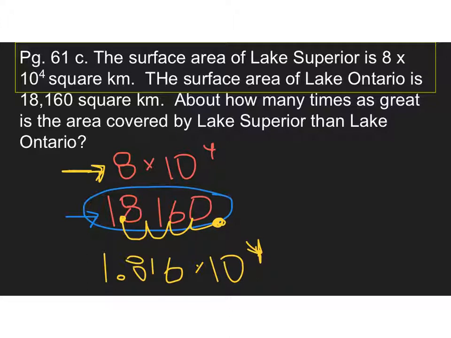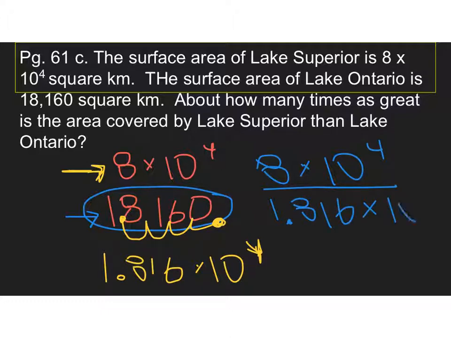Alright, now to figure out how many times greater Lake Superior is than Lake Ontario, we're going to divide 8 times 10 to the 4th power by 1.816 times 10 to the 4th power.